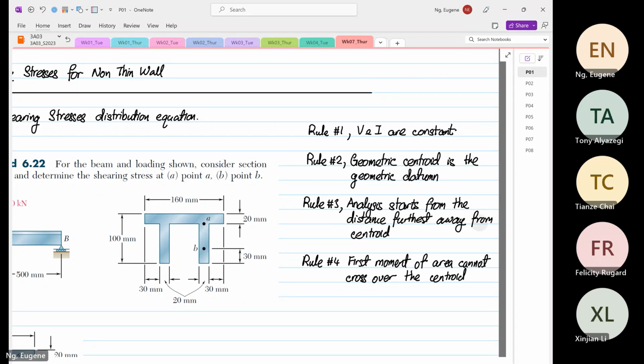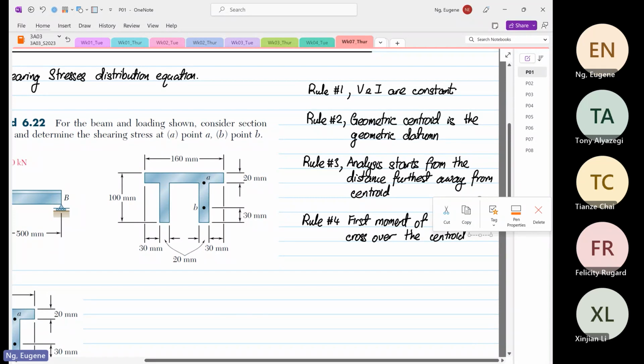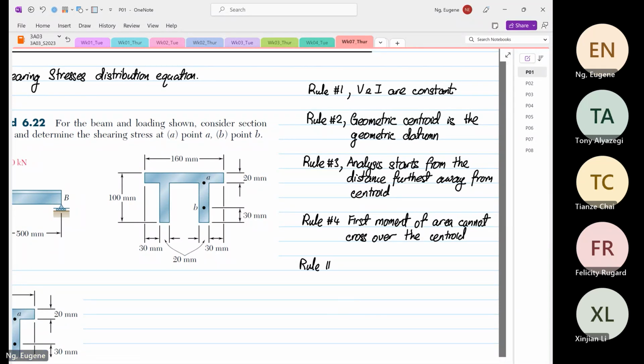Okay. And rule number 5, you can only flow in one direction. Okay.